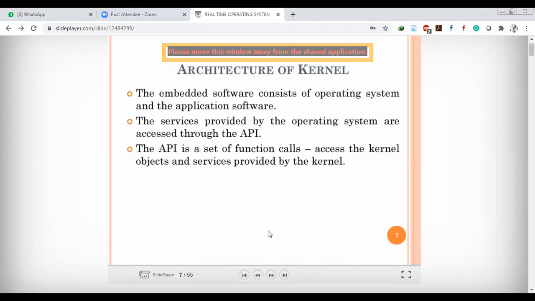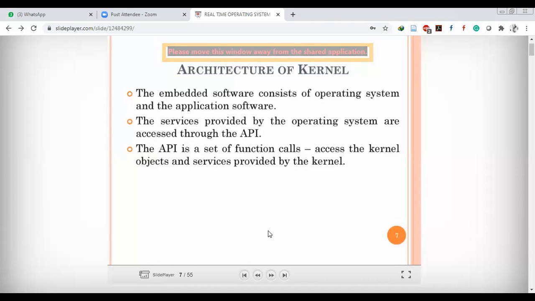The second point is that the services provided by the operating system are accessed through an API, an application interface. The third point: the API is always a set of function calls that access the kernel objects and services provided by that kernel. Otherwise it's not possible.